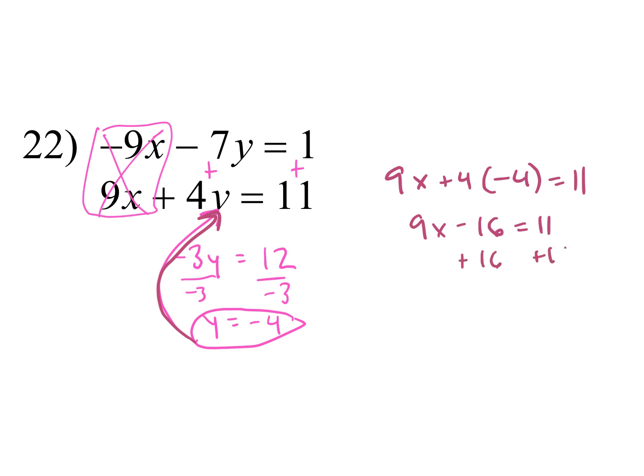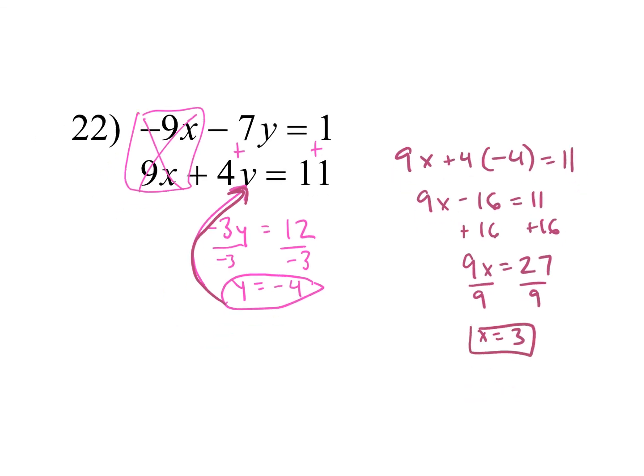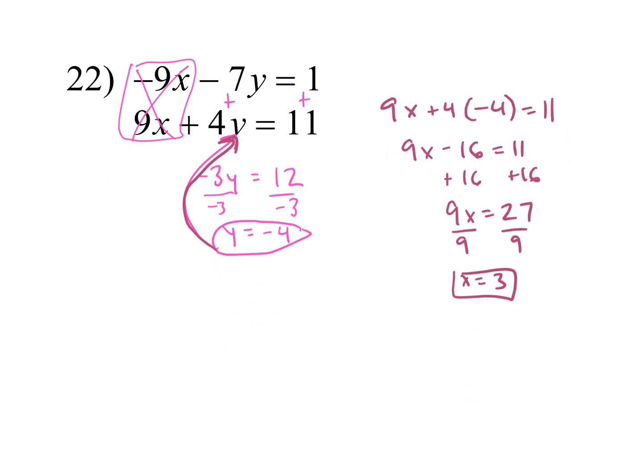That leaves you with 27, x equals 27, and then you not distribute, but divide. So what's x equal to? 3. How should I write my answer? 3, comma, negative 4. Any questions?